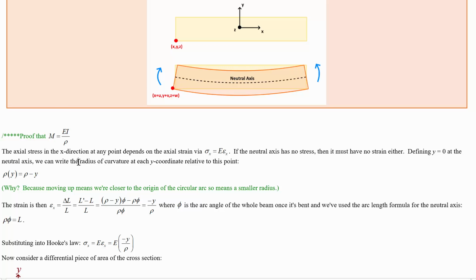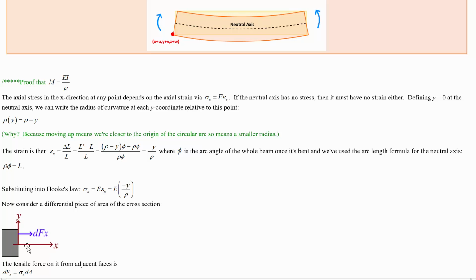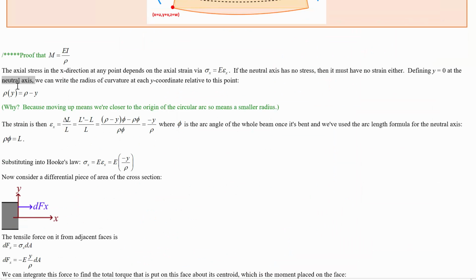First, we need to figure out how the radius at every point y is related to what that y value is. Let's imagine we've got some coordinate system within the beam, and we're going to call rho the radius at the neutral axis. Wherever the neutral axis is, it doesn't matter, rho is the radius we've bent into at that point. So the radius of curvature of this neutral axis happens to be rho.